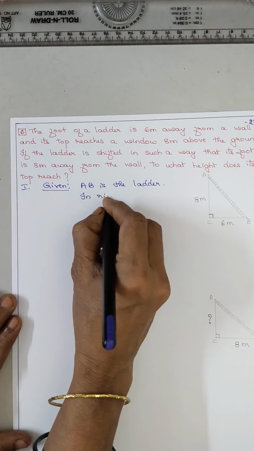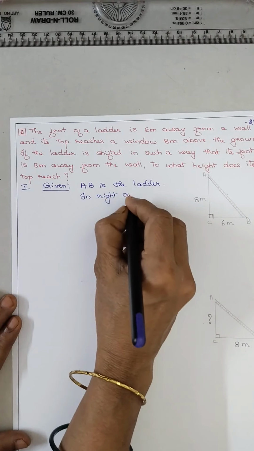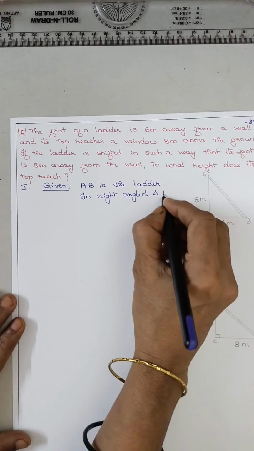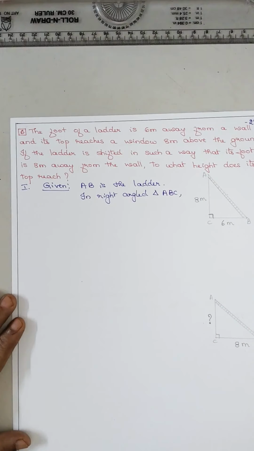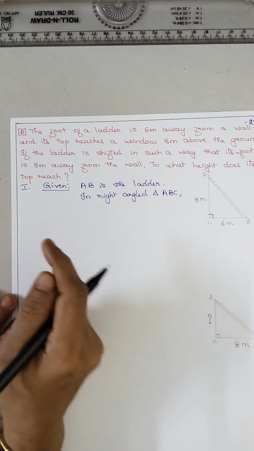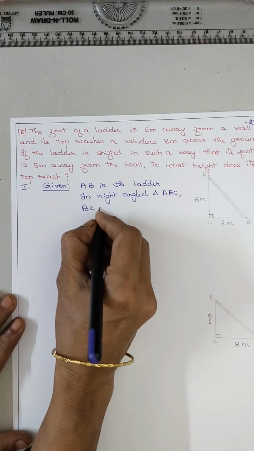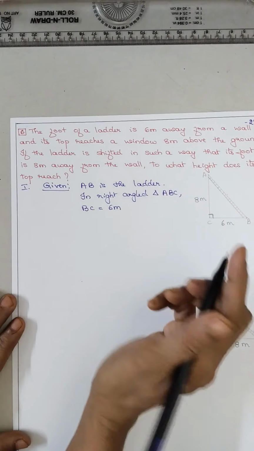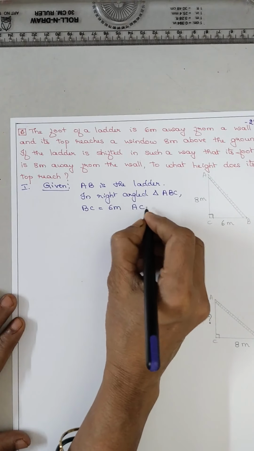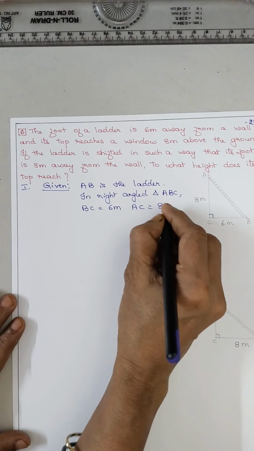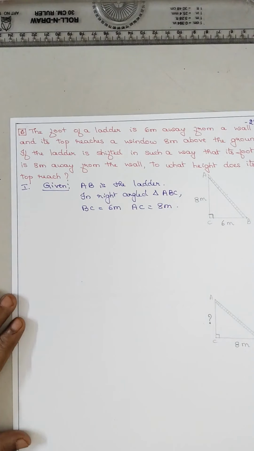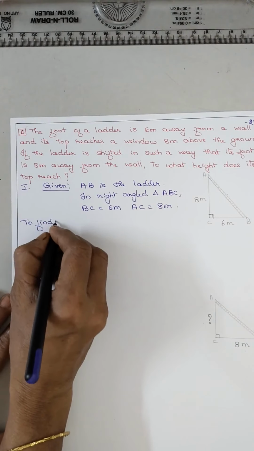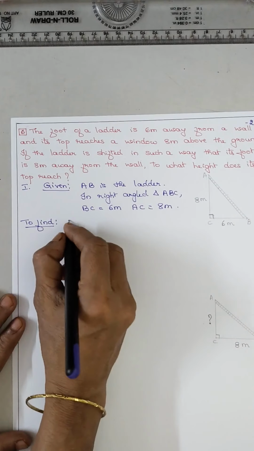In right angled triangle ABC, distance from the wall, that is BC, is 6 meters, and distance from the floor, that is AC, is equal to 8 meters. Now to find, first we have to find out the length of the ladder, that is AB.